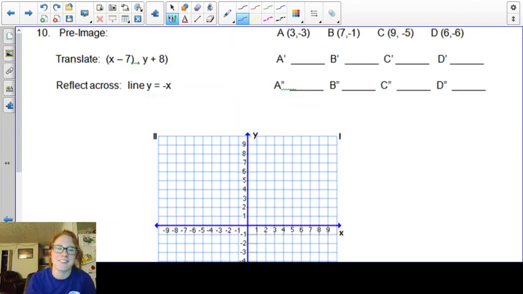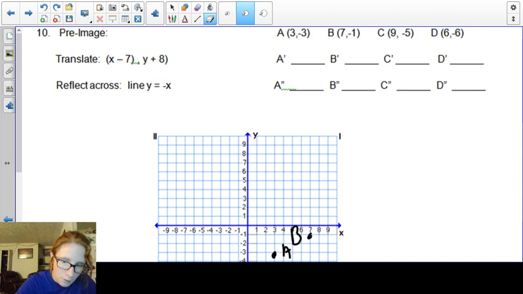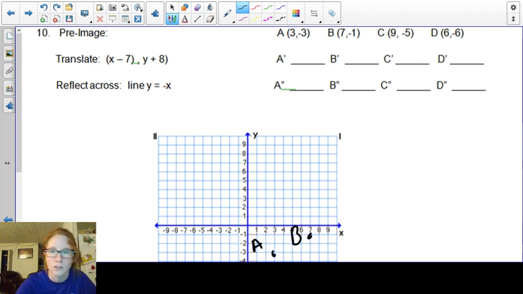Alright, glide reflections. We're going to do the original in black like we've been doing. I have A at 3, -3. B is at 7, -1. I'm going to have to move that so that I can make nice straight lines.